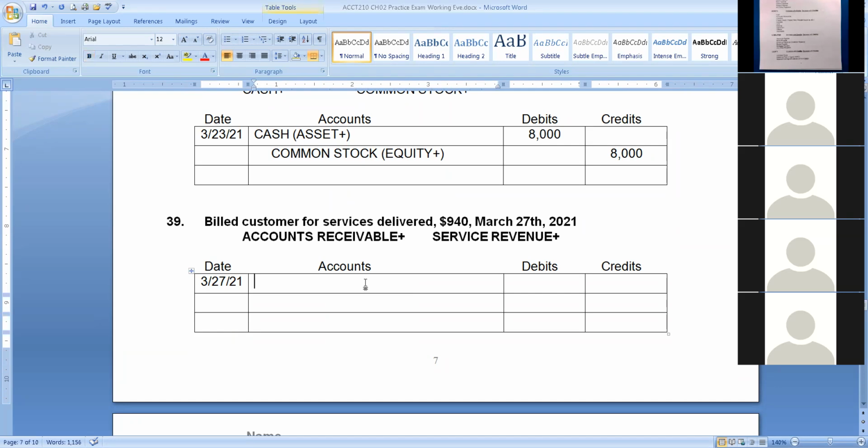Accounts receivable will be a debit and service revenue will be a credit. Perfect. So accounts receivable is an asset going up. And service revenue has the magic word revenue. Okay, it's not really magic, but revenues are always credits.